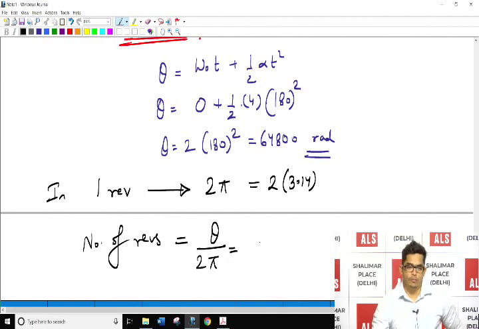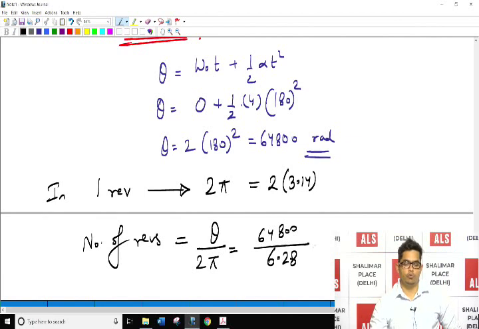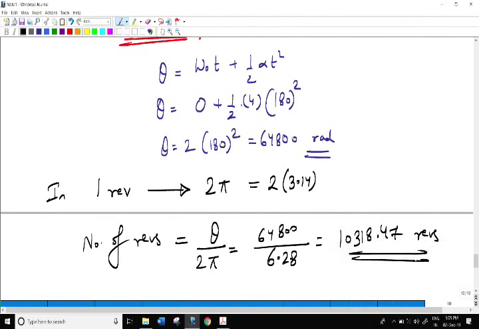Remember this formula. Total theta is 64800, divided by 6.28, so it is 10318.47 revs. These many revolutions will be made.